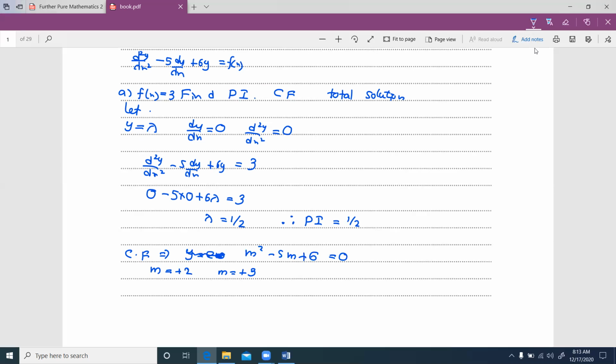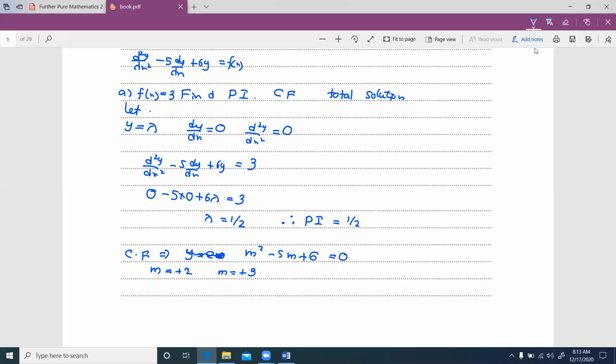So with that, we can form the solution. You get two different solutions. Since you have two different solutions, we can write the answer in the form we have already learned.